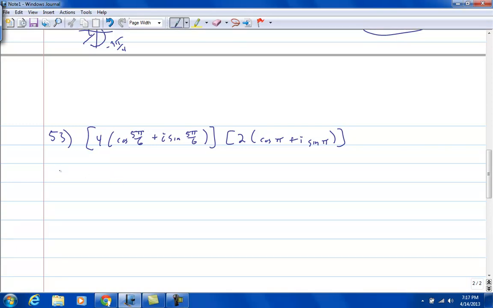If it helps, we can look at this as 4 times cosine of 5 pi over 6 plus i sine of 5 pi over 6. It's going to be 4 times, let's see, make sure I'm in degree mode or radian mode. Let's see, cosine 5 pi divided by 6 gives me the decimal negative 3.46.